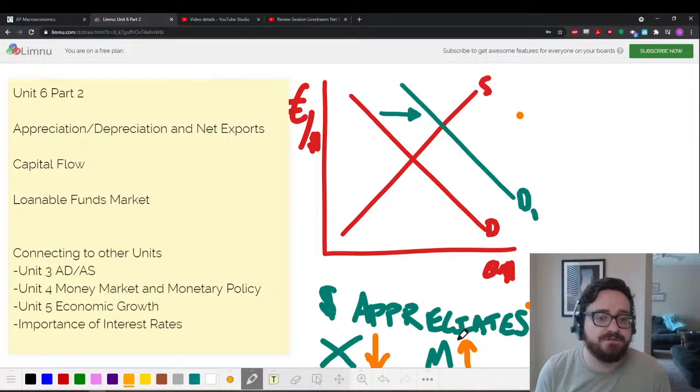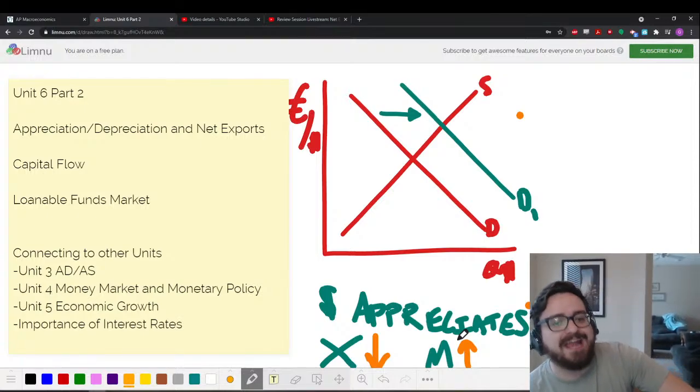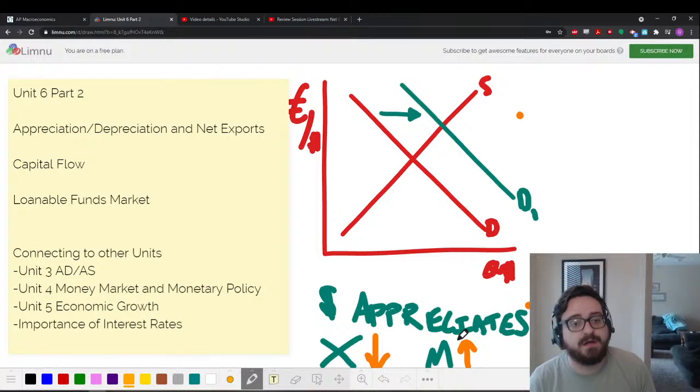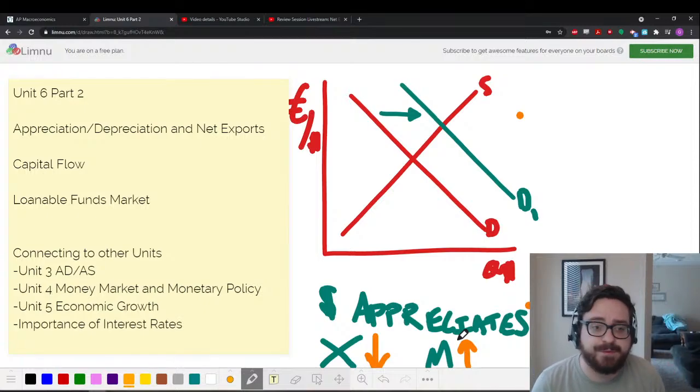What you have to be careful of there is to read your questions carefully and see when they're asking about capital flow. A lot of times on multiple choice questions, it might be like an order of operations kind of deal where they say, hey, people want to buy goods from America. What's happening to capital flow there? Cool. I would say that they're buying goods from America, so capital's flowing into the United States and out of whatever countries are buying the goods.